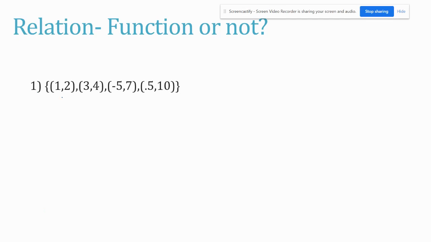So in this first relation, we have 1, 2, 3, 4, -5, 7, and then 0.5, 10. Now, remember, for something to be a function, the x values, actually I'm going to be even more specific. For it to be a function, x values can't repeat.